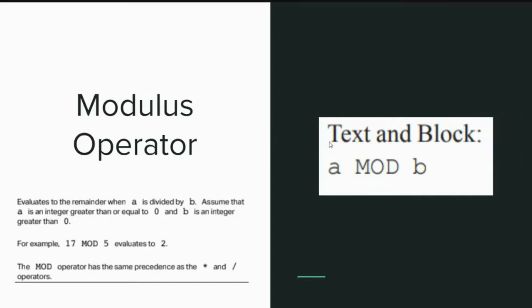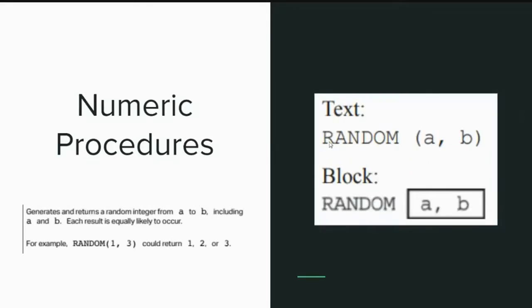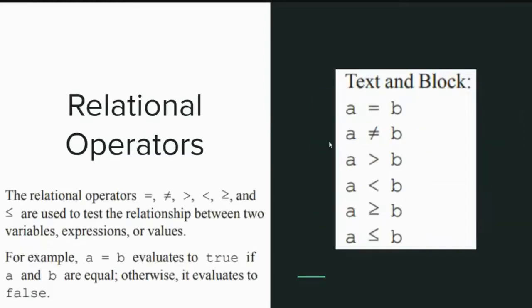So it would come back and say 2 is the value it gives you back. Random A, B will choose a random integer between 1 and 3. If it was random 1, 3, it could be a 1, 2, or 3. It'll choose a random integer between those two numbers, including those numbers. It might choose A or B or any number in between there.